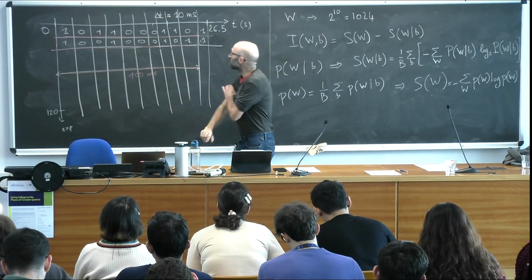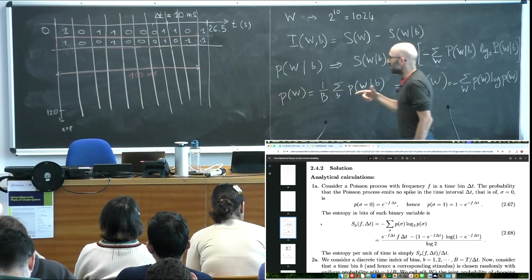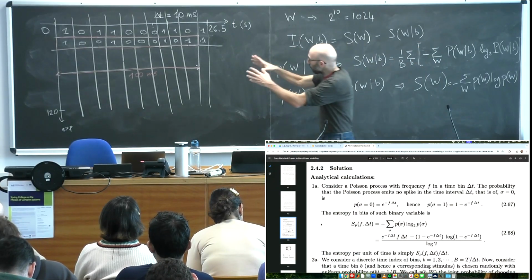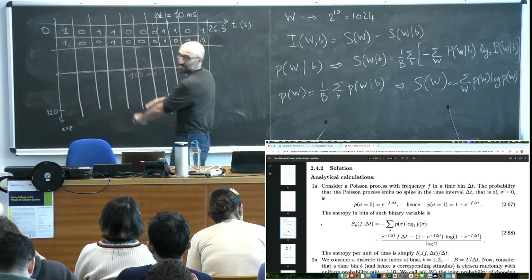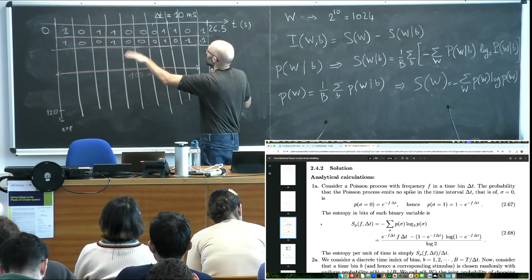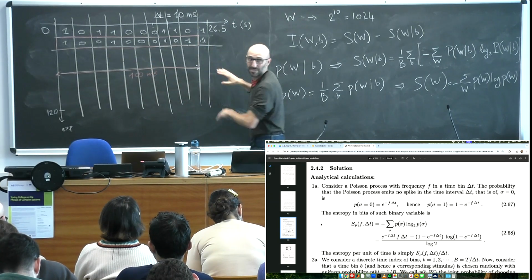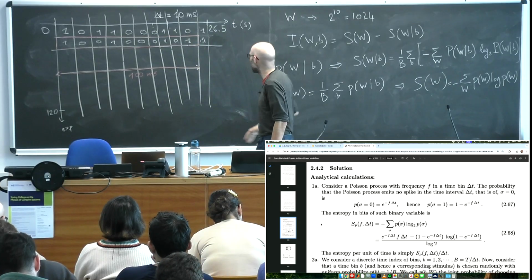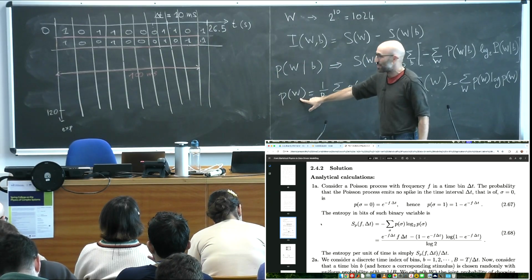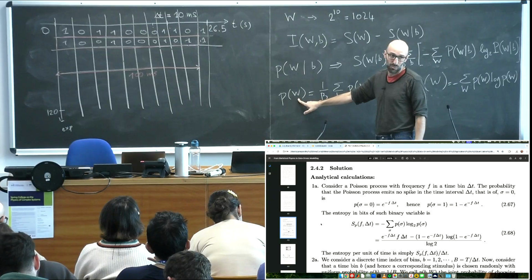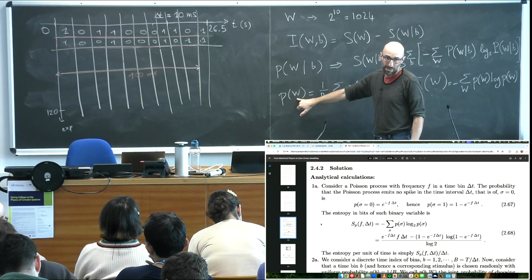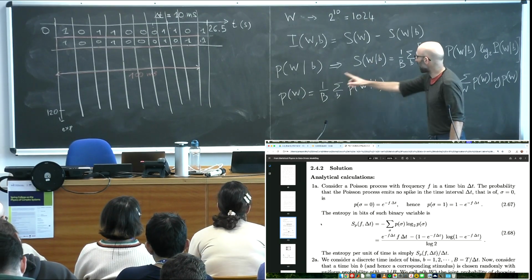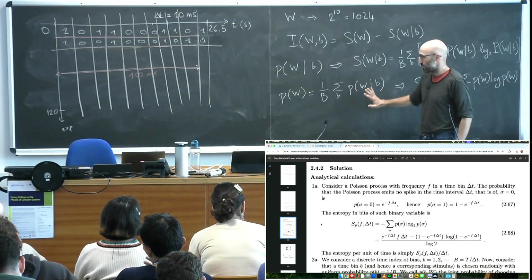What they do is look at all possible sets of 10 neighboring bins, at any time and at any repetition of the experiment, and count how many times you find a certain word. This gives you P of W, so you average over all the possible positions.